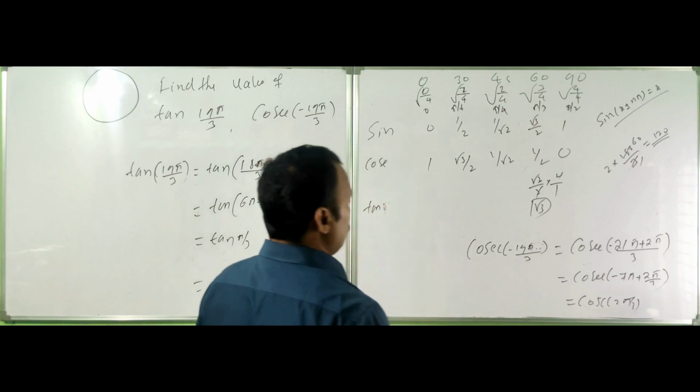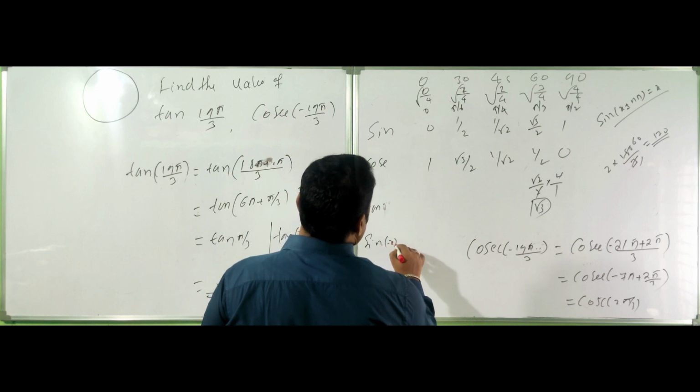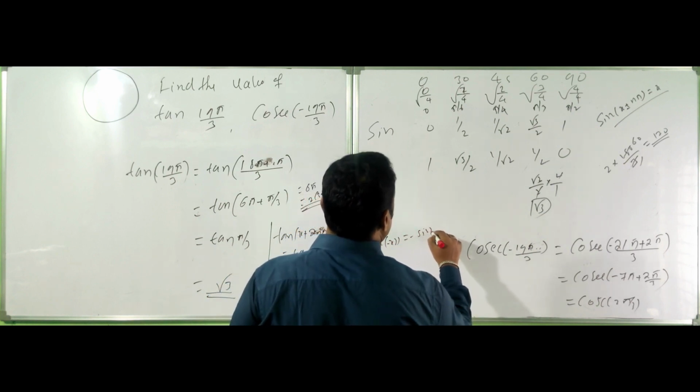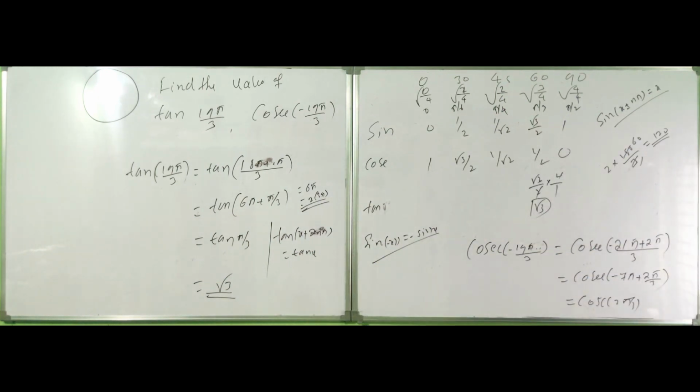They have taken it like that, this is the cos x, sine of minus x is equal to minus sin x. In that format they have taken. So what is wrong with this one? 7 pi plus 2 pi by 3, plus or minus 2 pi by 3, cos 120.